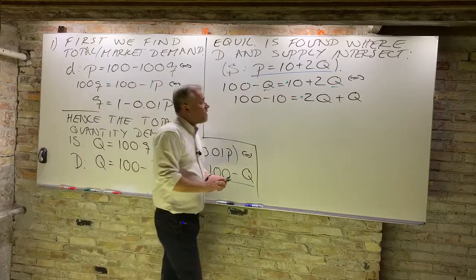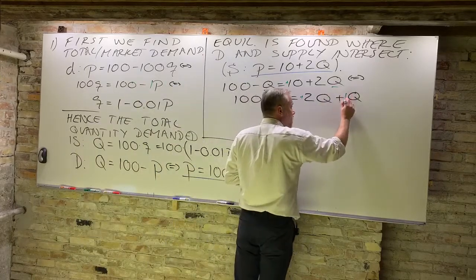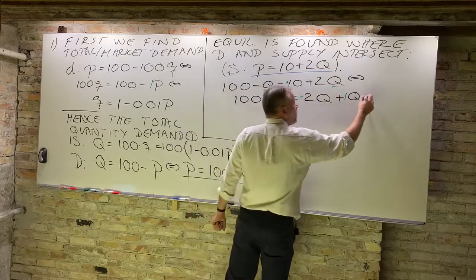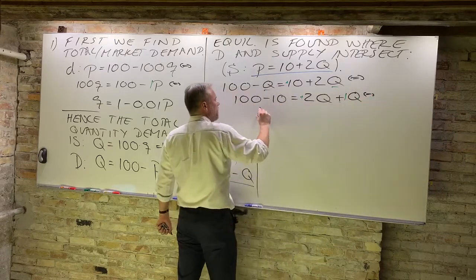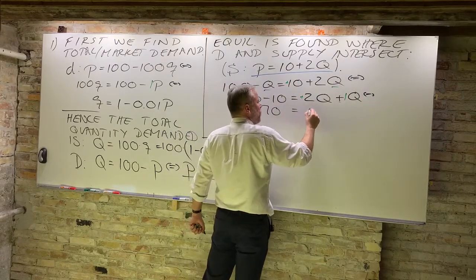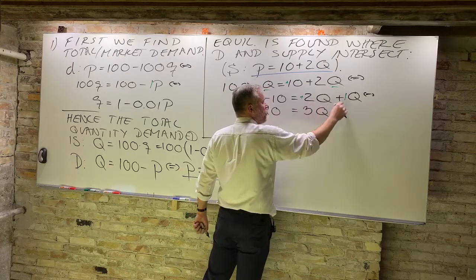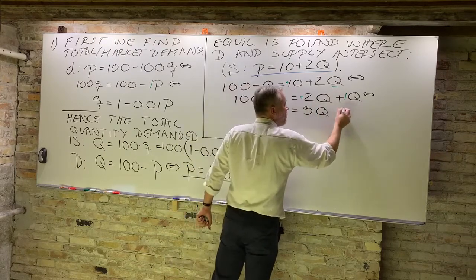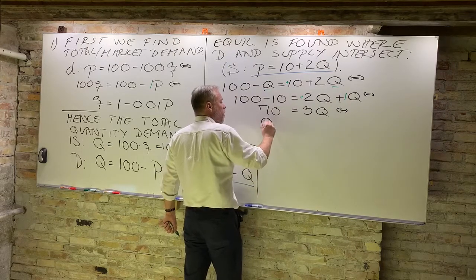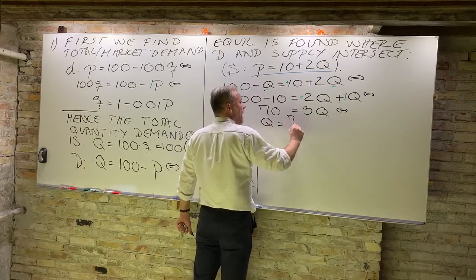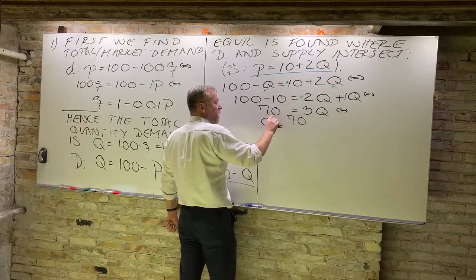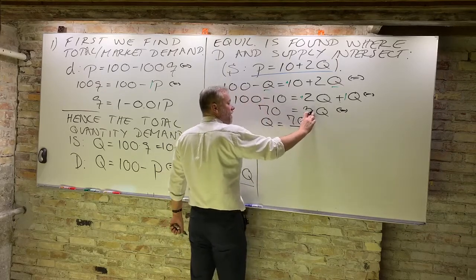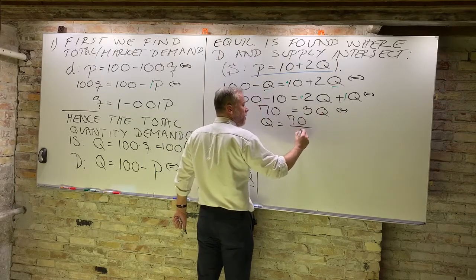Then we clean up. That's the second step. And in doing that, remember there is an invisible 1 there. So now what we get here is 70 equaling 3Q, because it says 2Q plus 1Q. Sorry, I can't calculate here, it's 90. And then in the final step, you simply write the unknown first, and then you find it as the number which was all by itself, divided by the number in front of the unknown in the previous step.